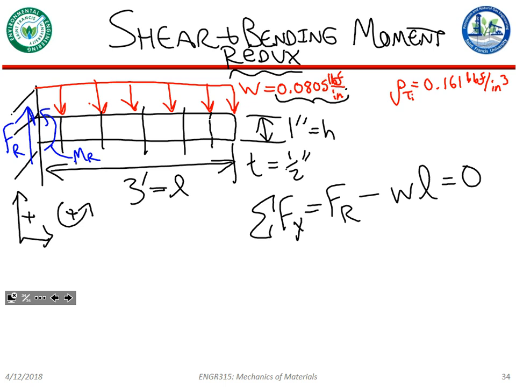The vertical component? Yes. 0.2415 pounds? 0.2898? Okay, I was guessing. Yes. Oh, yeah, because it's not times 3, it's times 36.